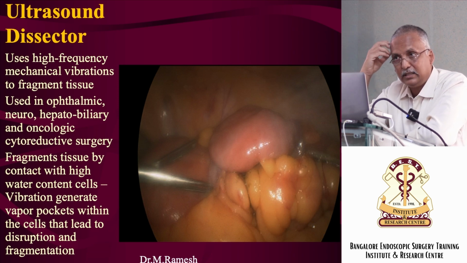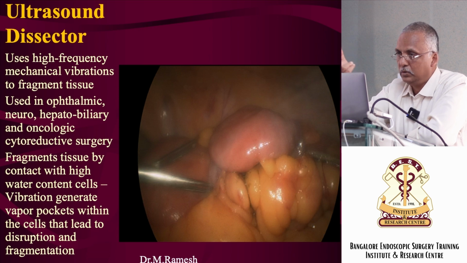But ultrasonic dissector is like a probe. You just hold it on liver tissue. When you hold it on liver tissue, it will vibrate and it will remove all the liver cells. So what is left out is only the bile ducts, the hepatic vein branches, the hepatic artery branches, portal vein branches. So the vessels and the ducts are left and the liver cells go away.